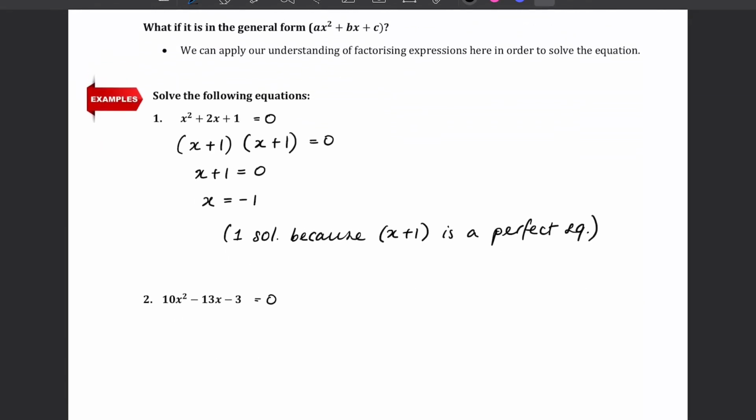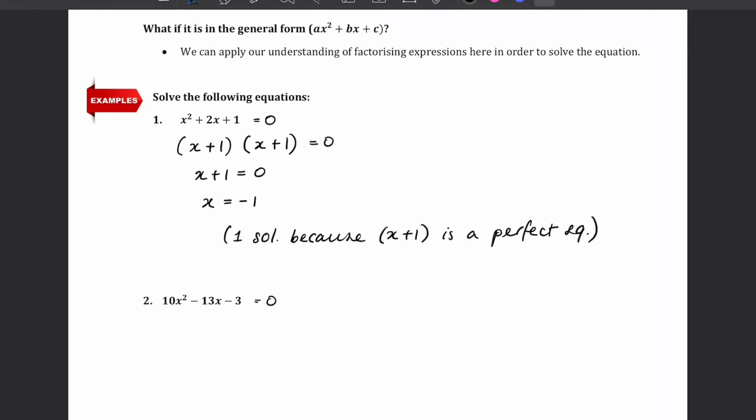So let's go have a go at doing question 2. So this one here is a non-monic trinomial. So we can employ two different strategies to help us factorize this. I'm going to use the cross multiplication method for this one. So my factors of 10x squared I'm going to choose will be 5x and 2x. And then my factors of negative 3, I'm going to choose a 1 and negative 3. Now cross multiplying these, I'm going to end up with the following, which is negative 15x and 2x.